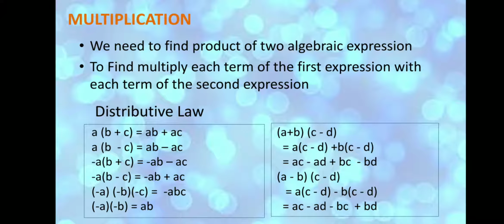Why are you getting plus bd? Because it is minus b into minus d, and minus and minus change to plus. So what's your final answer? AC minus AD minus BC plus BD. Okay, so this is given so that you can solve the upcoming sums of multiplication.